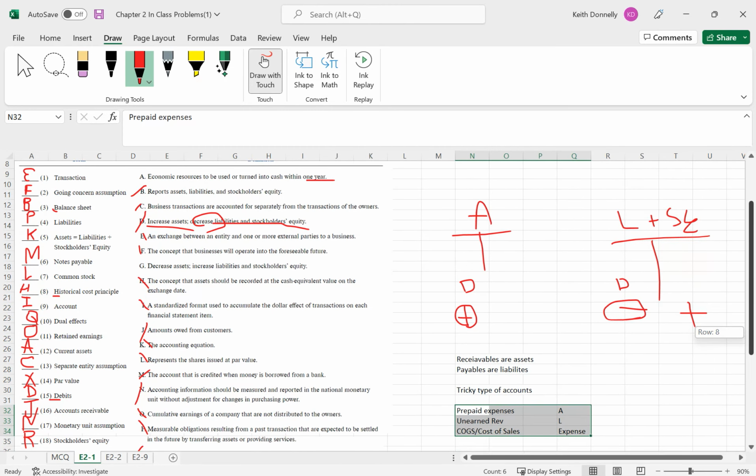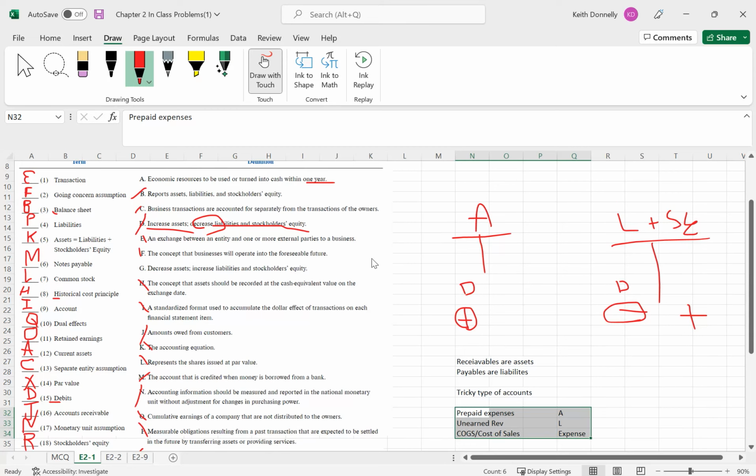So there are the answers there. You can look at them, right? I think we used this A. Let's cross that off. If the other one was debits, let's see if this one is credits, right? A credit would decrease an asset and increase a liability.